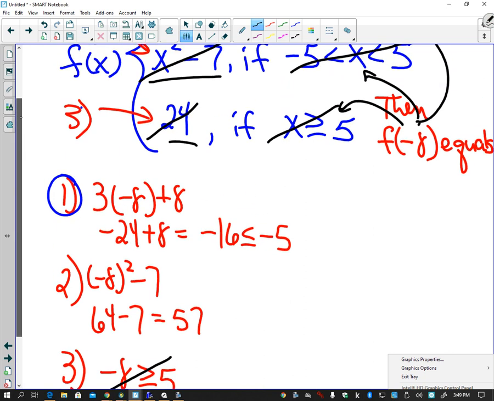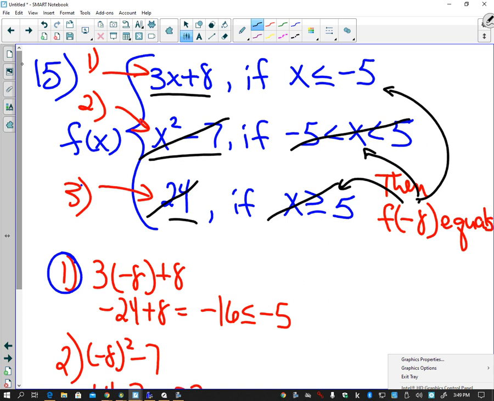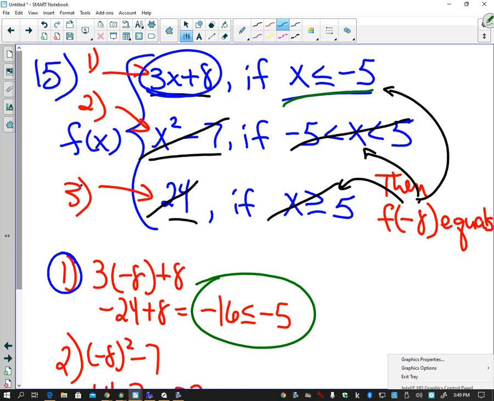So we come back up to this number 1 spot. We look at this. This was correct. 3x plus 8 worked because when we got our answer, it worked here, because we see that in our solution right here. So our answer is negative 16.